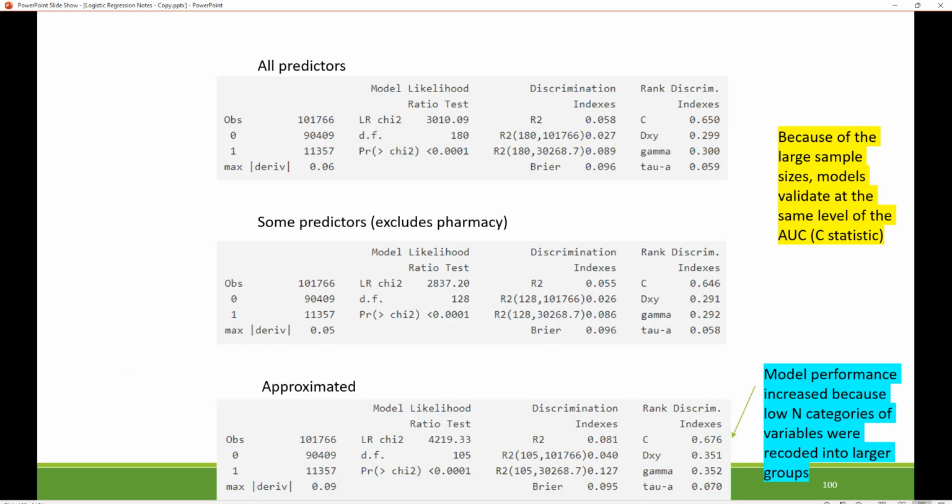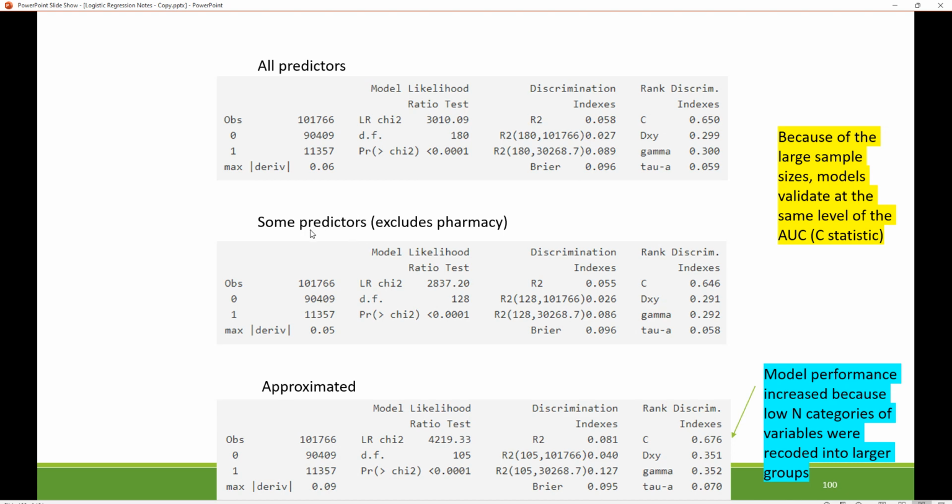Okay, in this slide, we're looking at 3 types of models. On the very top, we have a model that uses all predictors. The C statistic on the top right of that section is 0.650, and that's a moderate level of model performance.